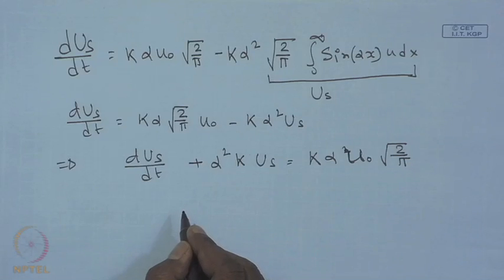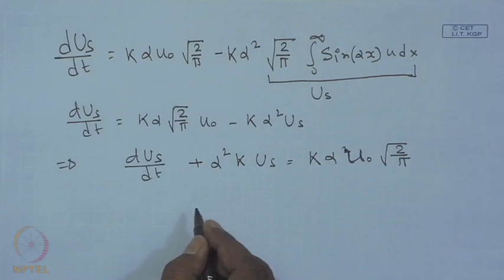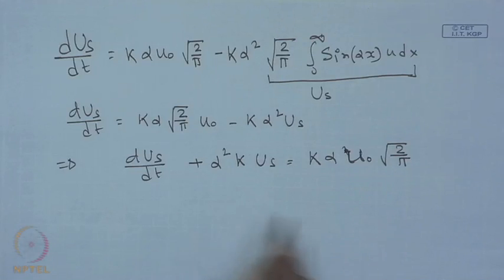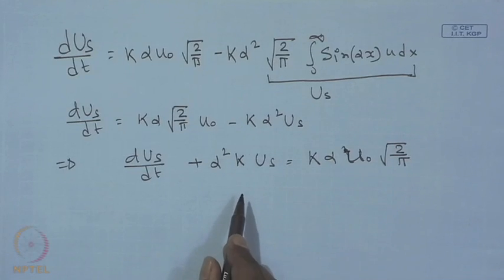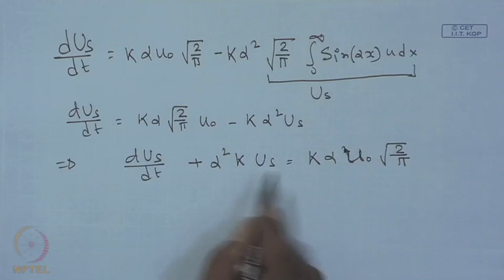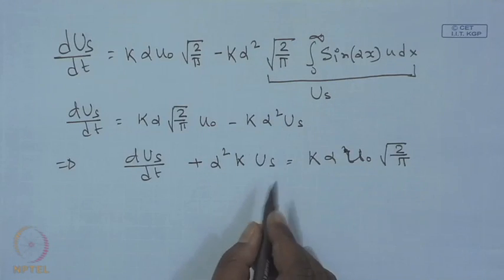Now, if you look into the solution to this problem, we know this solution can be obtained by breaking down the problem into the homogeneous part and non-homogeneous part. So, you can obtain this by taking it to the other side.